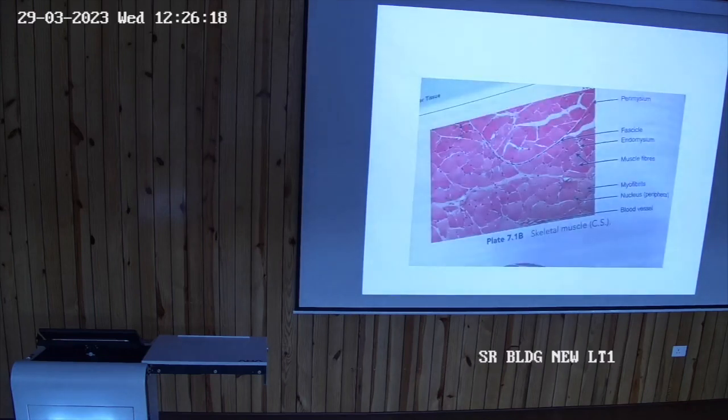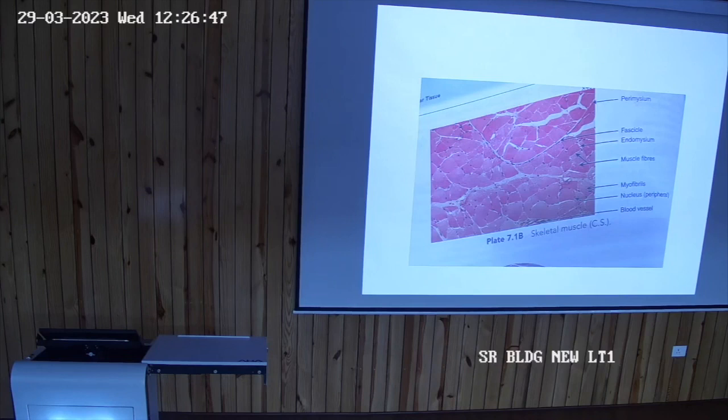Now look at the transverse section of the skeletal muscle fiber. Whenever we talk about it, the outermost covering of the muscle, a connective tissue layer, is called the epimysium.